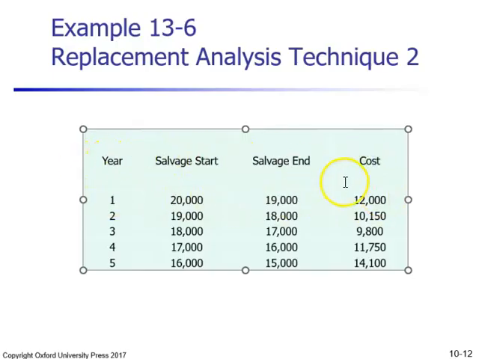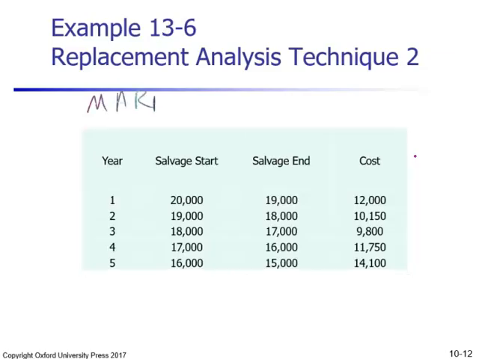Based on this data, calculate the column for marginal cost, with MARR of 15%. Add this column here, marginal cost, and fill out this part.